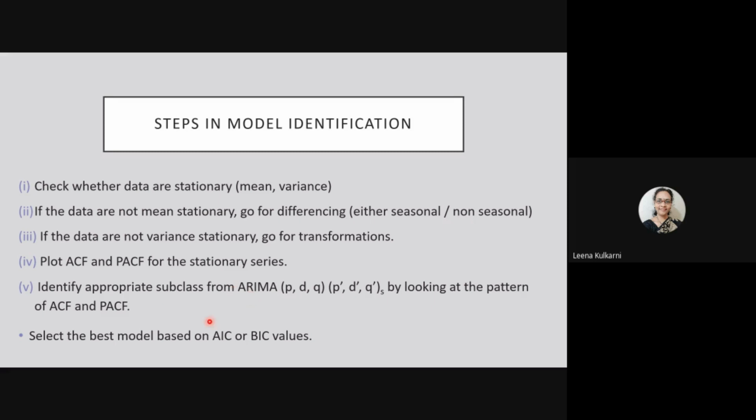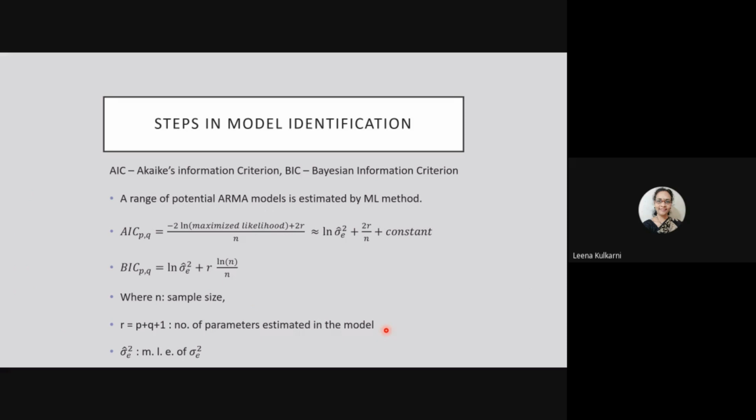Then which one to choose as the best model will be based on the AIC or BIC values, where AIC and BIC are the Akaike's information criteria and the Bayesian information criteria. These are the formulae, just for the sake of completeness of the presentation I have written. But these values are provided by whichever software you are working with.